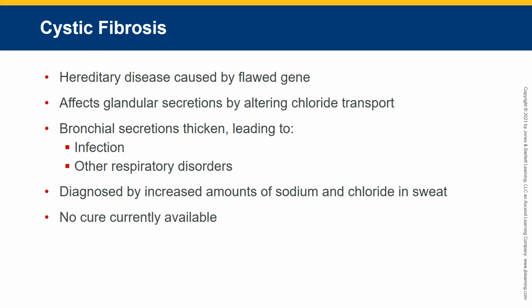Cystic fibrosis is a genetic defect that's inherited, and it reduces something that helps us to change the way that chloride is taken around our body. And it causes the mucus that's associated with the respiratory system to get very, very thick.